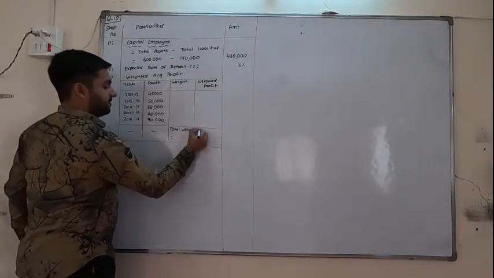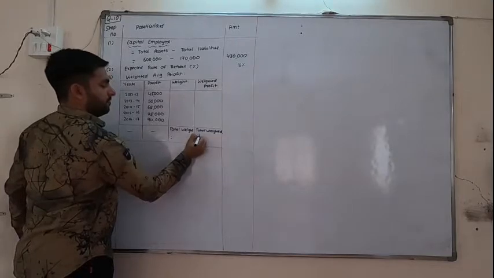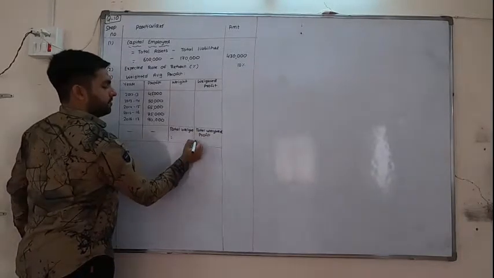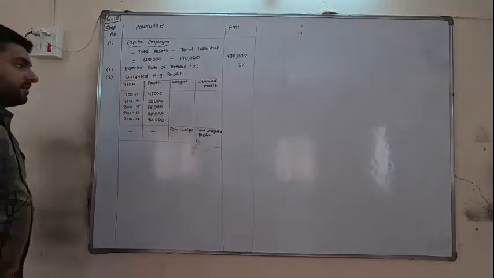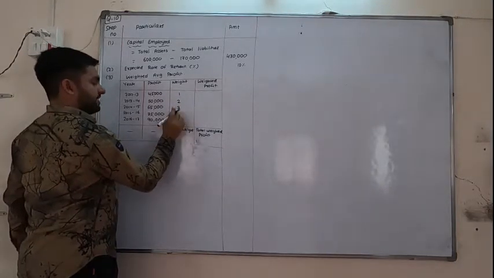Total weight, total weighted profit. Now let's give the weights 1, 2, 3, 4, 5.